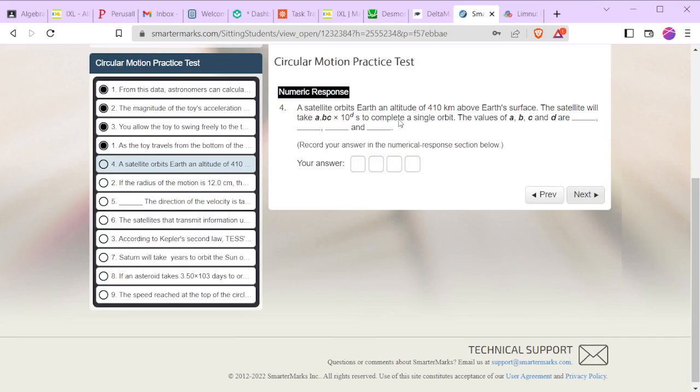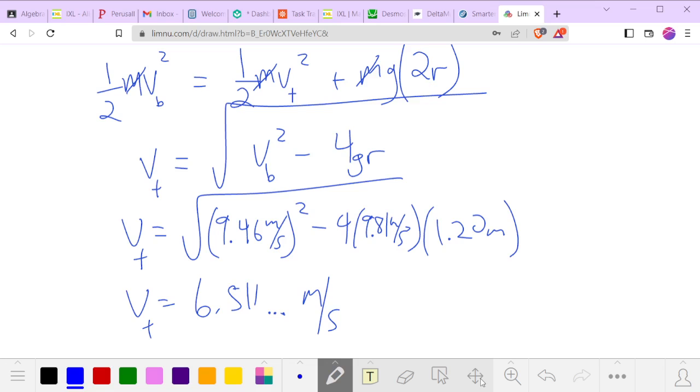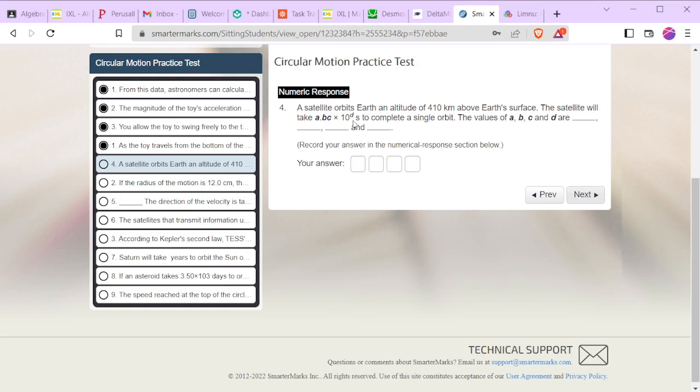Now, a satellite orbits Earth at an altitude of 410 kilometers above Earth's surface. That means the radius of the circle is 410 kilometers plus the radius of the Earth. So how long will it take to do a single orbit? We have the distance above Earth's surface, we have the Earth's mass.